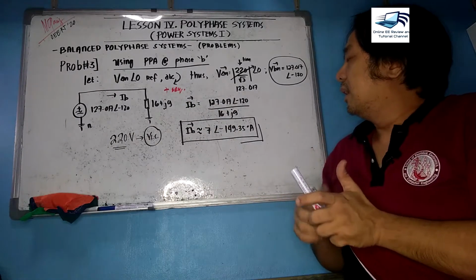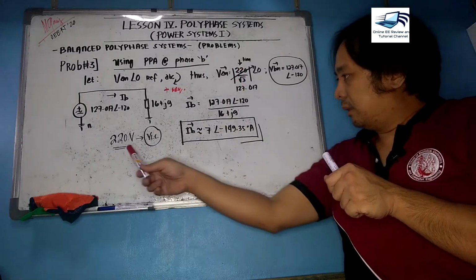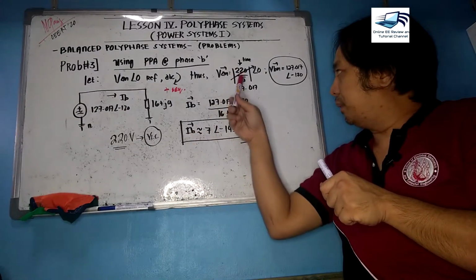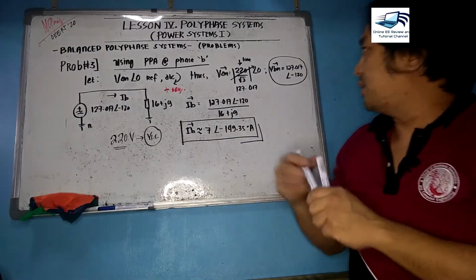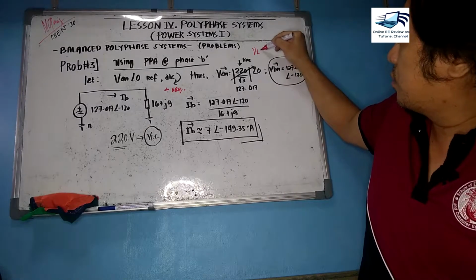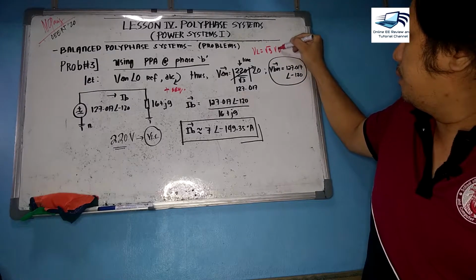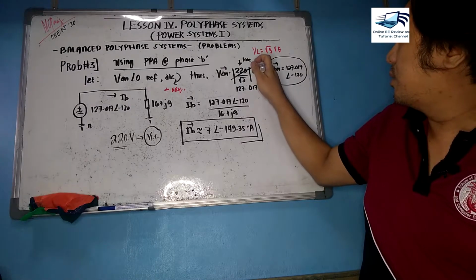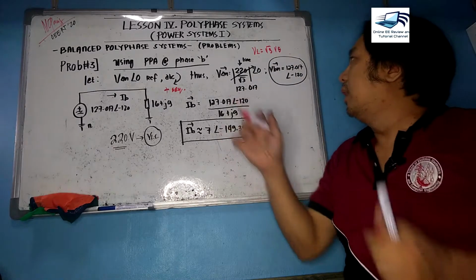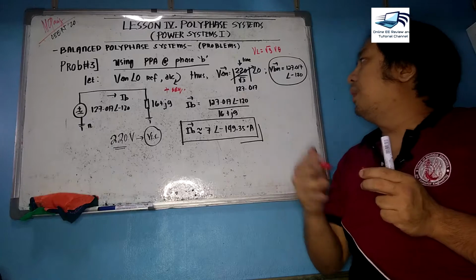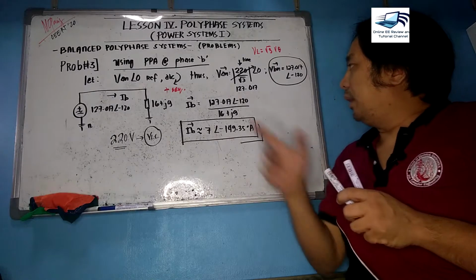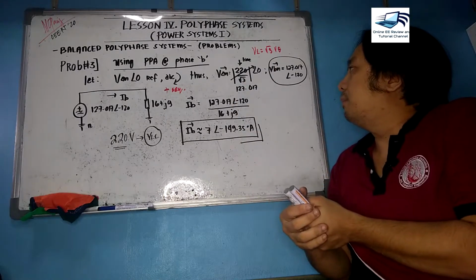And thus, the 220, that is in terms of magnitude, you divide it by square root of 3 to become phase. And please take note, we make use of this relationship in magnitude, the line voltage divided by square root of 3, to get the phase voltage magnitude at phase A. Okay, you have 127.017 angle 0.